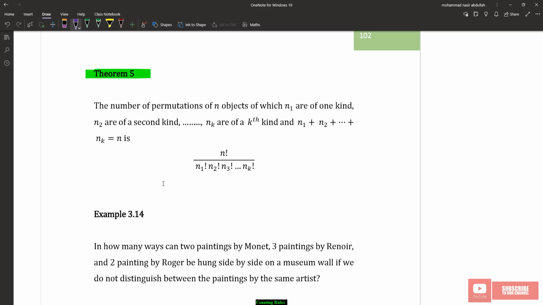So let's say you have a repeated object, for example, Muhammad, Mohammad. So we have 3 letters of M, and 2 letters of A, right? So we have a repeated object.